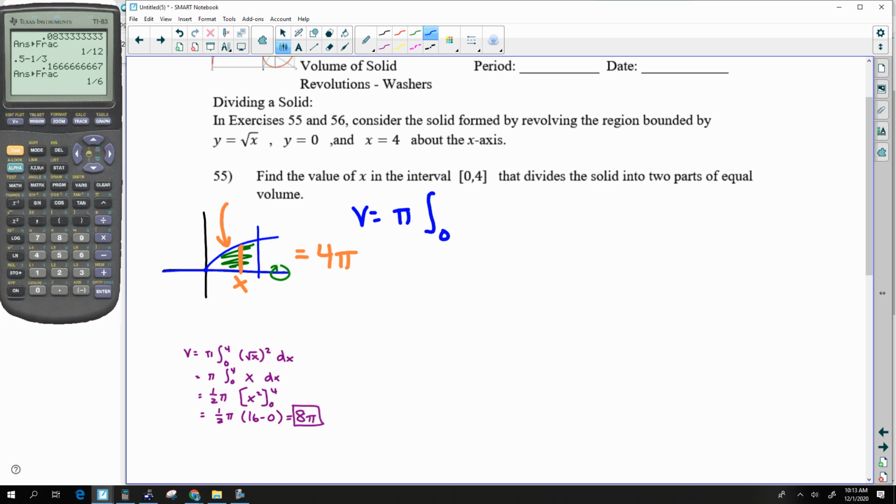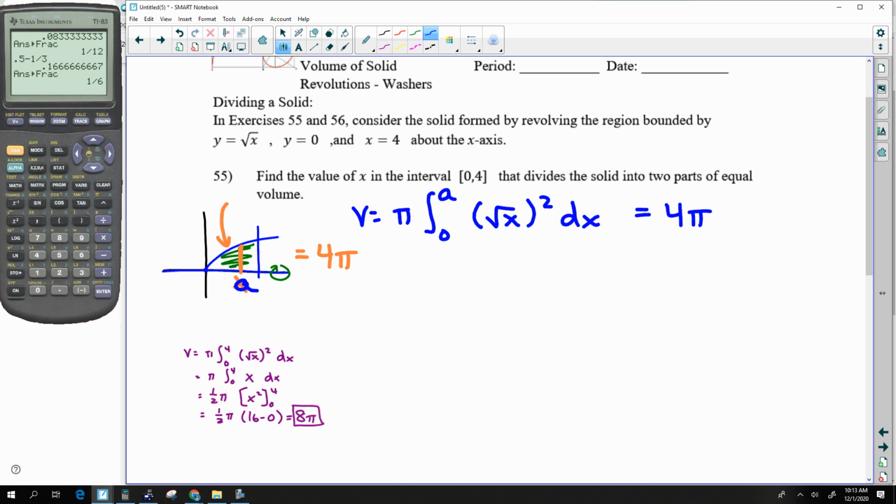To set that up, this is going to be the integral from 0 to, I'm not going to call it x, I'm going to call it the letter A. So this is the integral from 0 to A of the square root of x, squared, dx. We're going to find this, and then this volume is going to be equal to 4 pi.